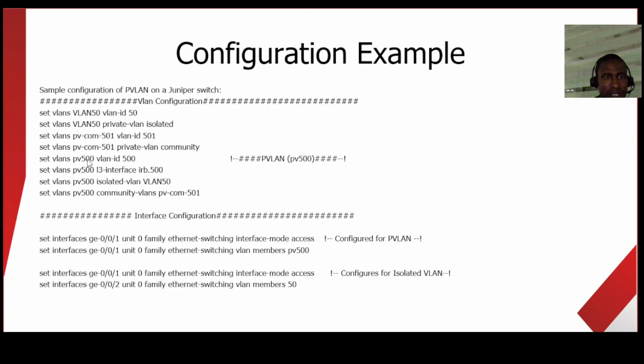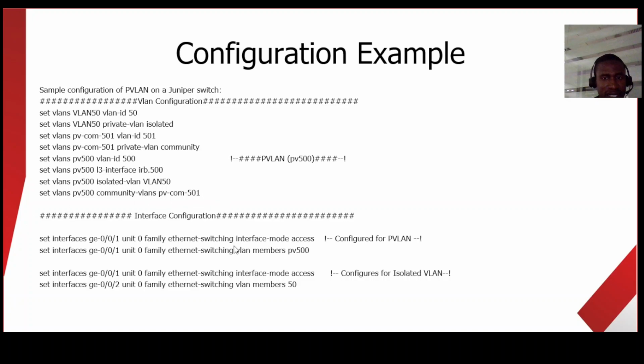Then you come here pv 500 vlan-id 500. That's our isolated VLAN. They also come here, isolated, no, sorry, pv 500. That's our private VLAN. So pv isolated VLAN 50, P500 community VLAN. So this is just the way you state it.